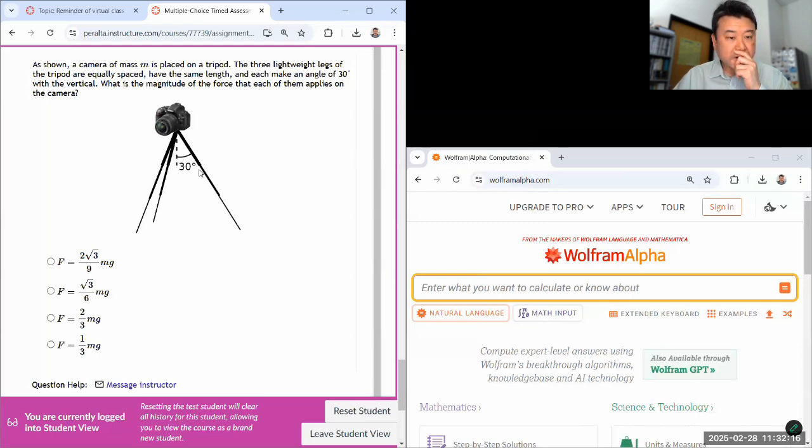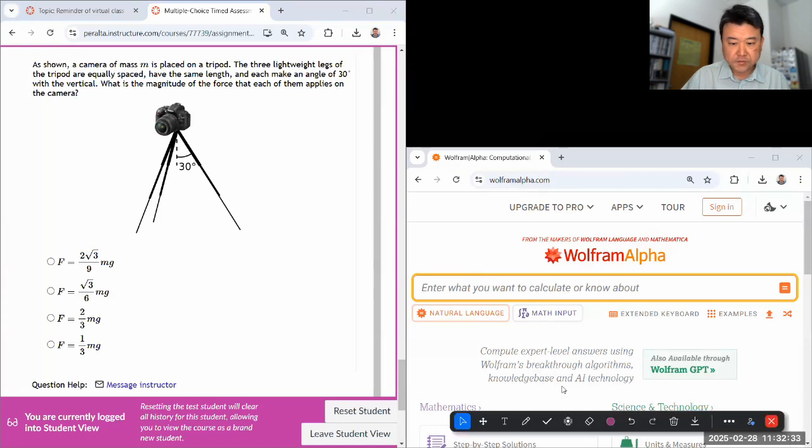So cosine of 30, that's root 3 over 2, and there are three of them. What? Each of them. Hard to do it without drawing.